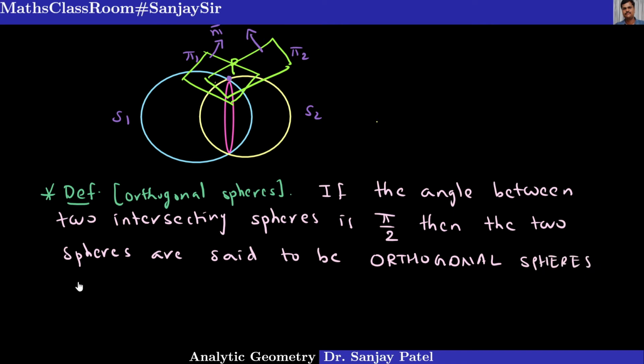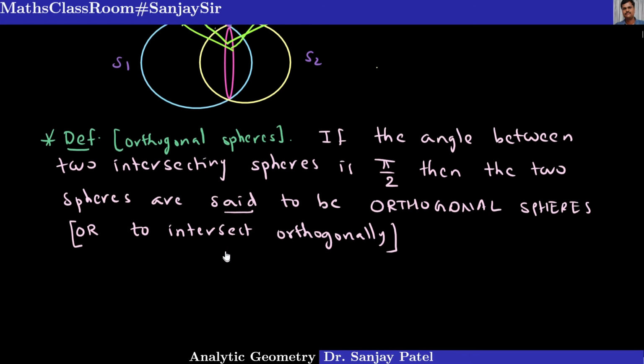Or we can also say that they are said to intersect orthogonally. So two spheres are said to intersect orthogonally if the angle between the two spheres is pi by 2.